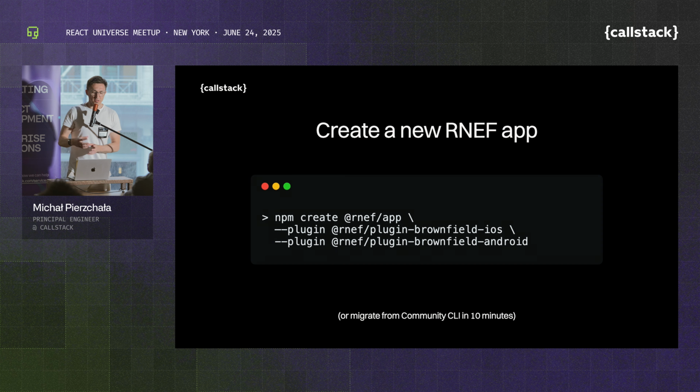So we can either create a new app with our framework using npm create, or if you're using the community CLI, you can migrate to our framework in like 10 minutes and then spend a couple of hours or days verifying if everything works together. But it should be an easy migration for this base use case.